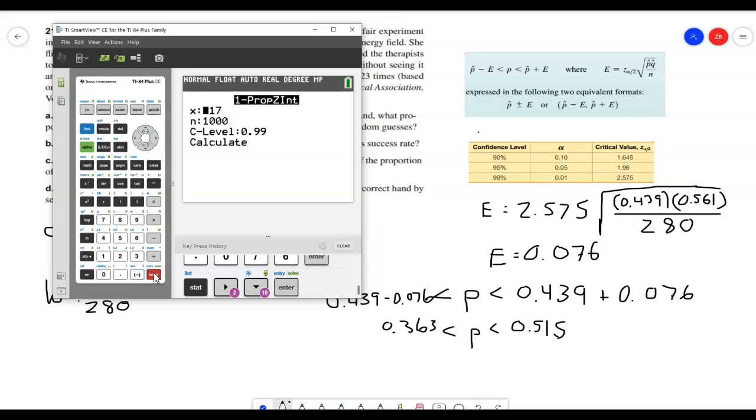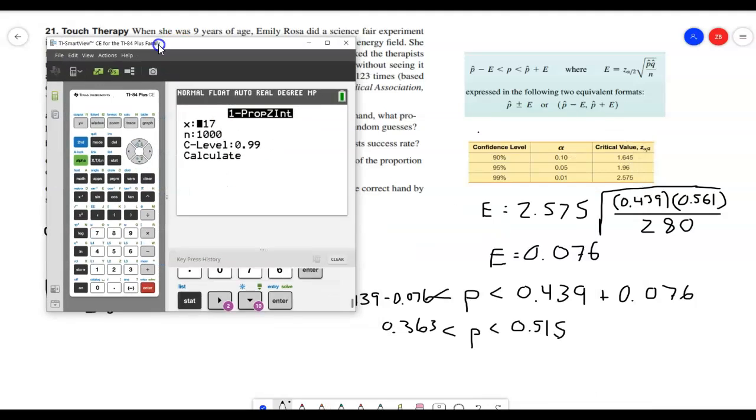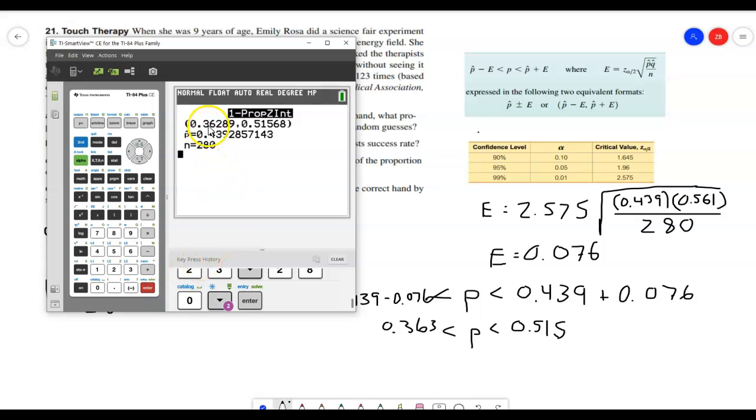All right, so our x, that's the number of successes, was 123 because that was the number of times they got it right in this case. The n, the sample size, was 280. We had a 99% confidence level, and calculate.